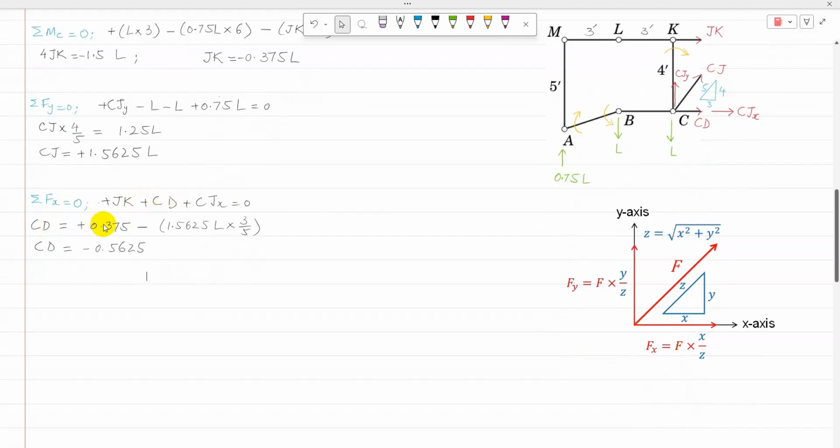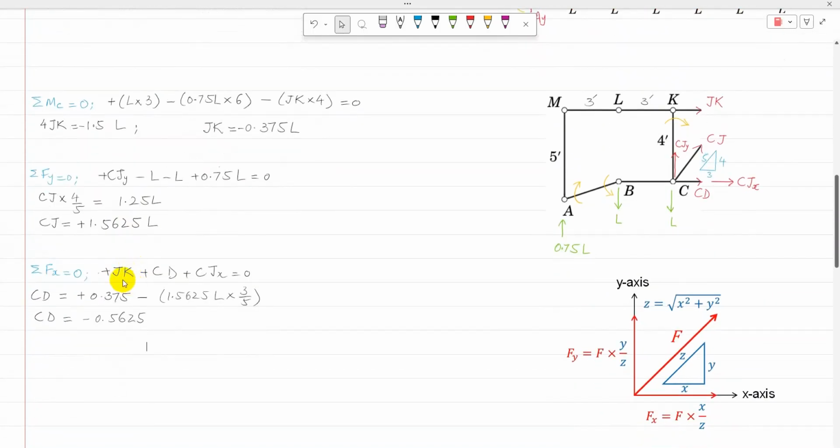Cd comes as minus Jk minus Cjx. Jk is already minus, so on the other side minus minus will become plus, and then minus Cjx. Cj is 1.5625 times 3 over 5, and after simplifying, Cd comes as minus 0.5625 L.